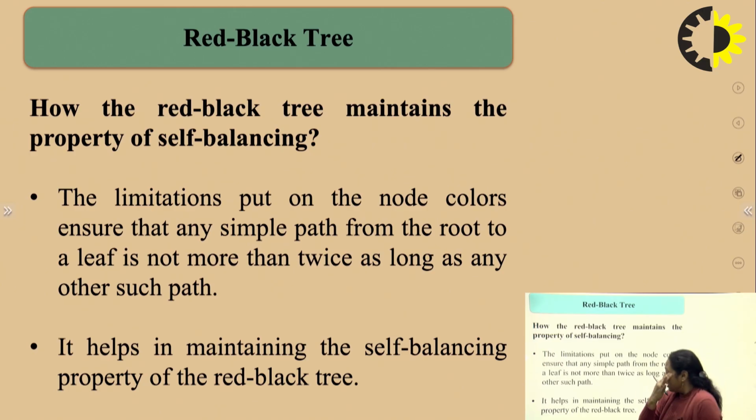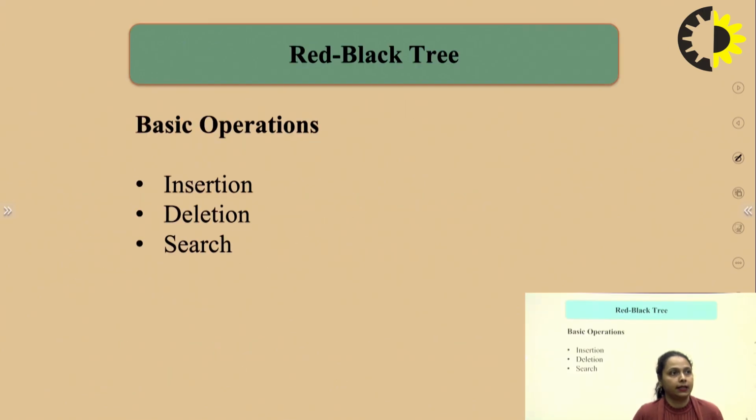So, by putting restrictions based upon the colors, we ensure the self-balancing property. It helps the red-black tree to maintain, to retrieve all its properties which we have discussed earlier in these slides.